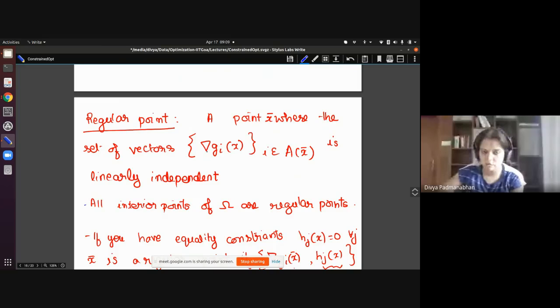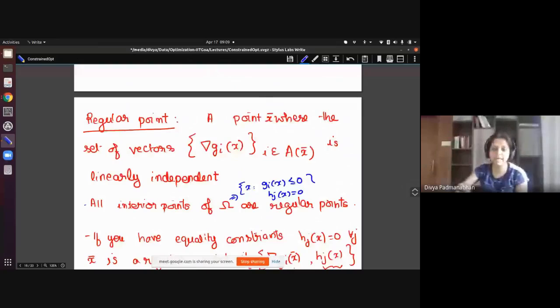Okay, so based on this definition, if you take the interior points of the feasible set, so this omega is the set of all x with g_i(x) less than or equal to 0 and h_j(x) equal to 0. So consider you only have inequalities.